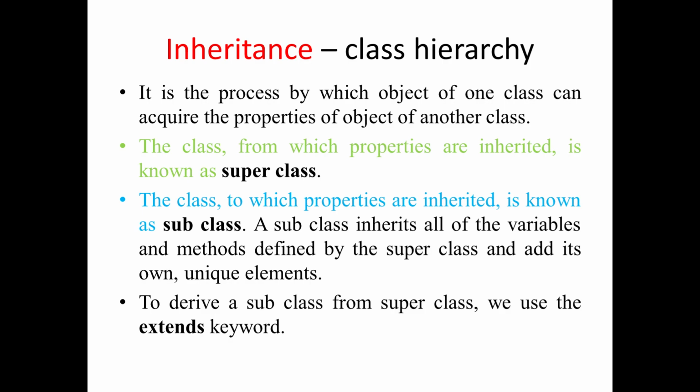A subclass can inherit all the variables and methods which are defined in the superclass, and the subclass can define its own unique elements. To derive a subclass from superclass, we need to use the keyword extends.